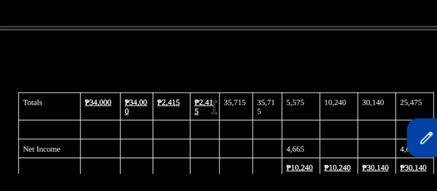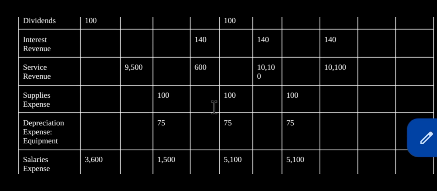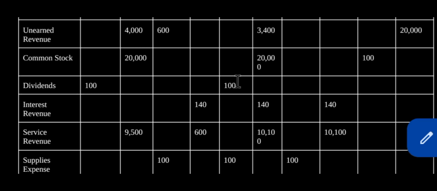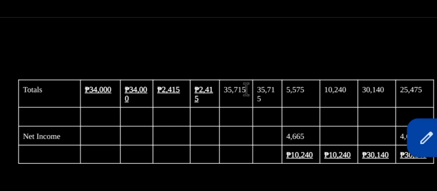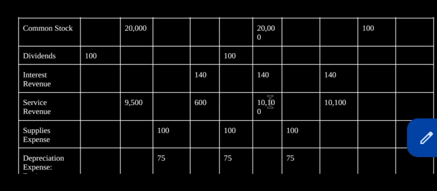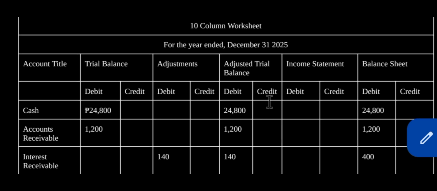Same goes to the credit side. Now for the adjusted trial balance, debit side, we have a total of 35,715. Same goes to the credit side.